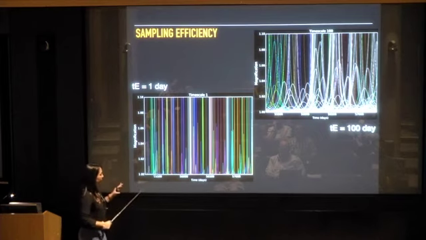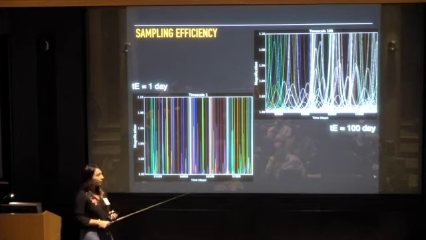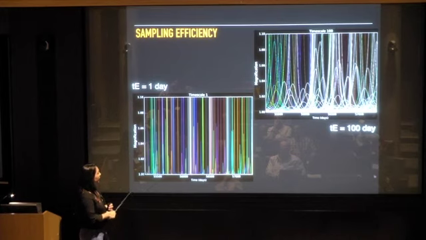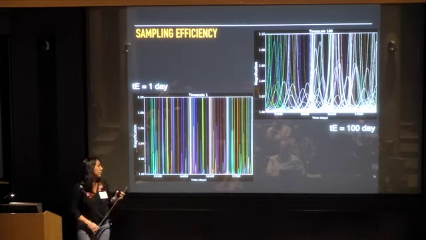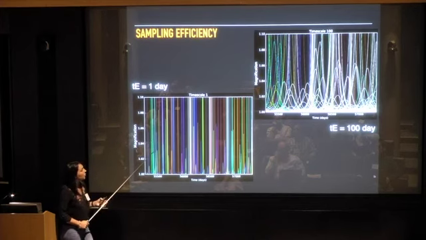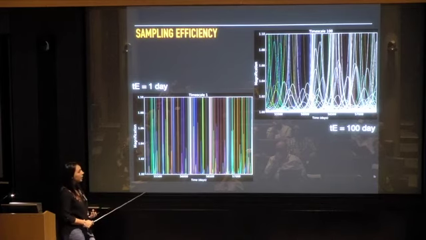Just to explain the plot a little bit, the white vertical lines are the observations of the VVV for each tile, because they are quite different. And the colors are the fake microlensing light curves. I created a huge number of light curves, and then I tried to see if my program detected them or not.